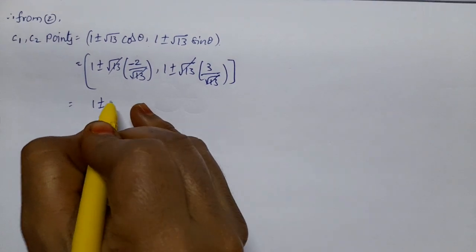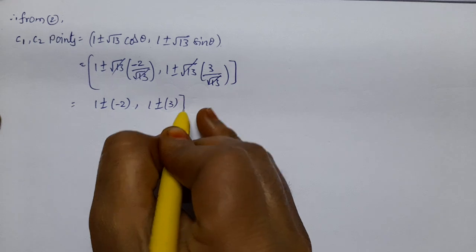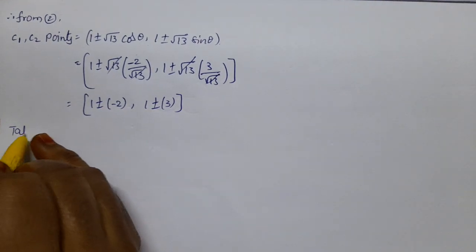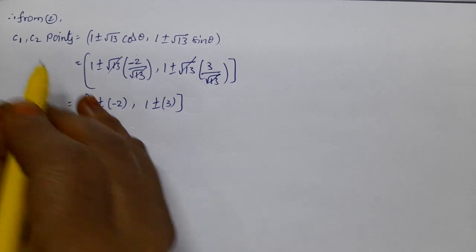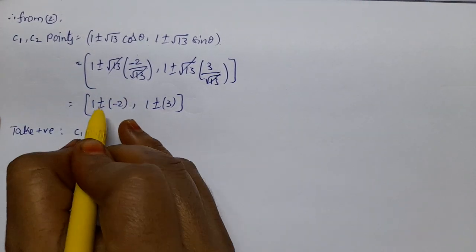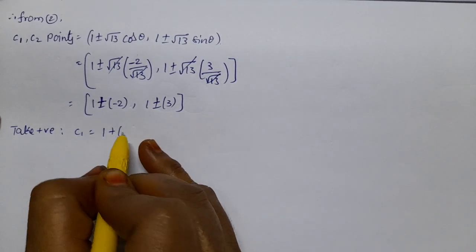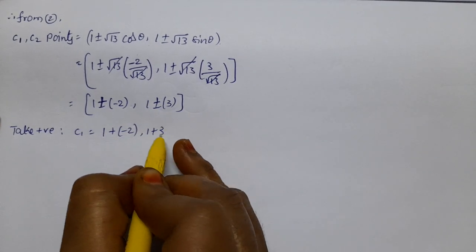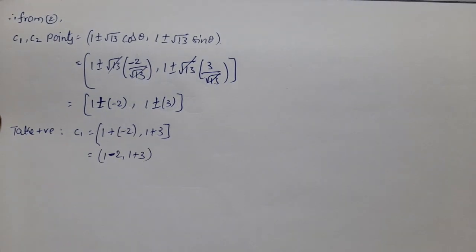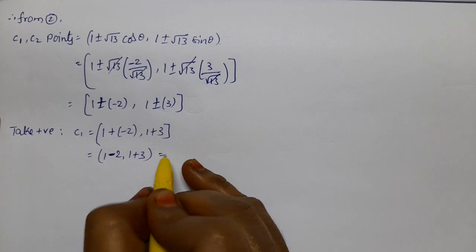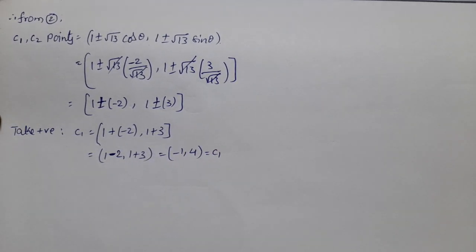So 1 plus or minus of minus 2, 1 plus or minus 3. Take positive for the first center: 1 plus into minus 2, 1 plus 3, that is 1 minus 2, 1 plus 3, which is (minus 1, 4). In this way, we calculate the first center.